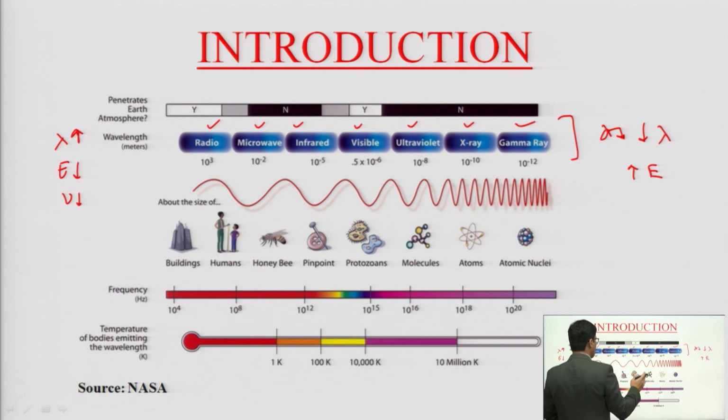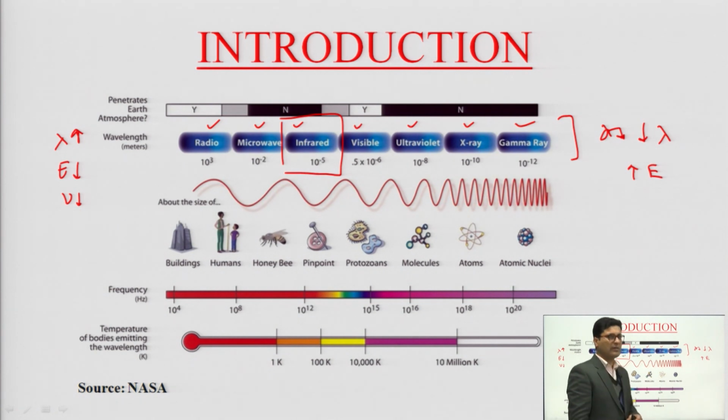Among this whole electromagnetic spectrum, infrared light falls between the visible region and the microwave region. That indicates that infrared light has a longer wavelength as compared to UV or visible light, but a lower energy content.